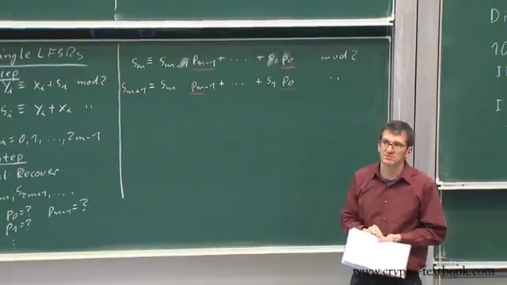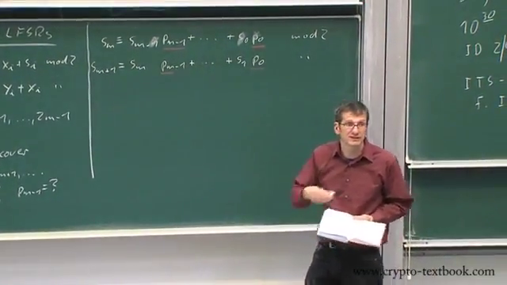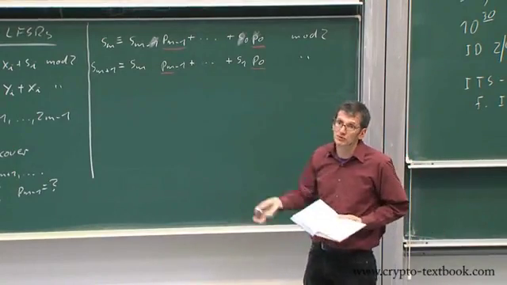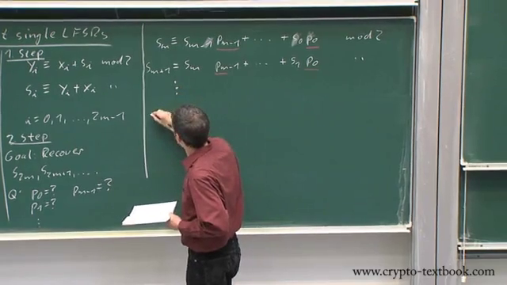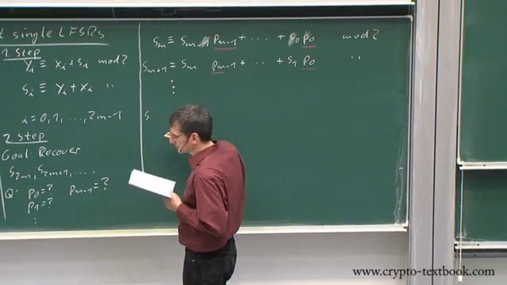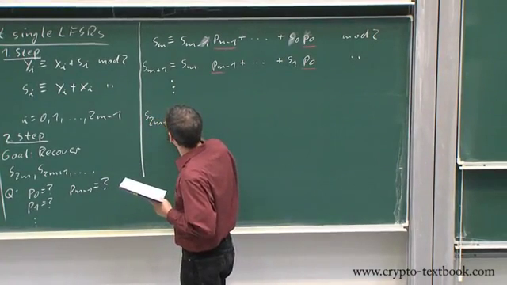Now we have two equations, two unknowns. It's not enough, but we can do the same trick over and over again, exactly as the student said. We do that m times. That means here we generate m equations, so this runs up to 2m-1.